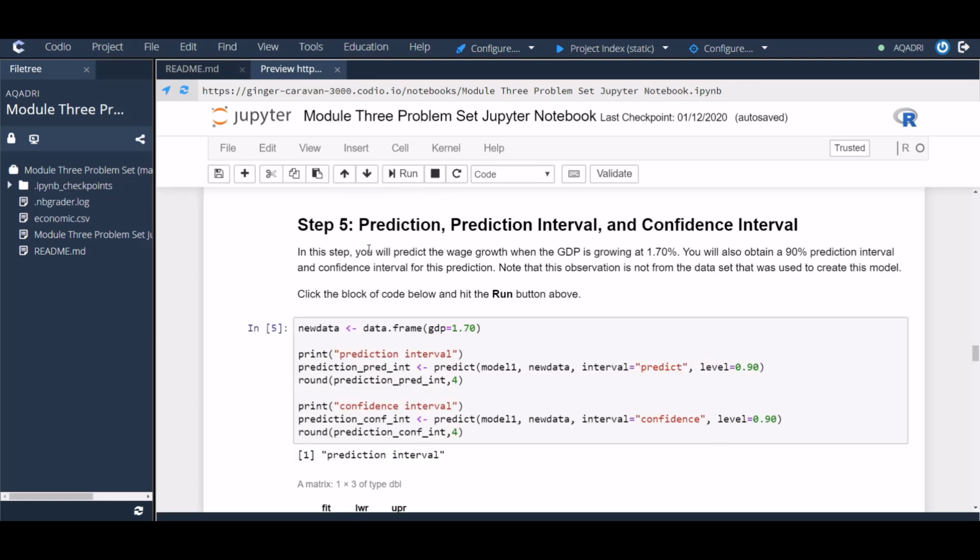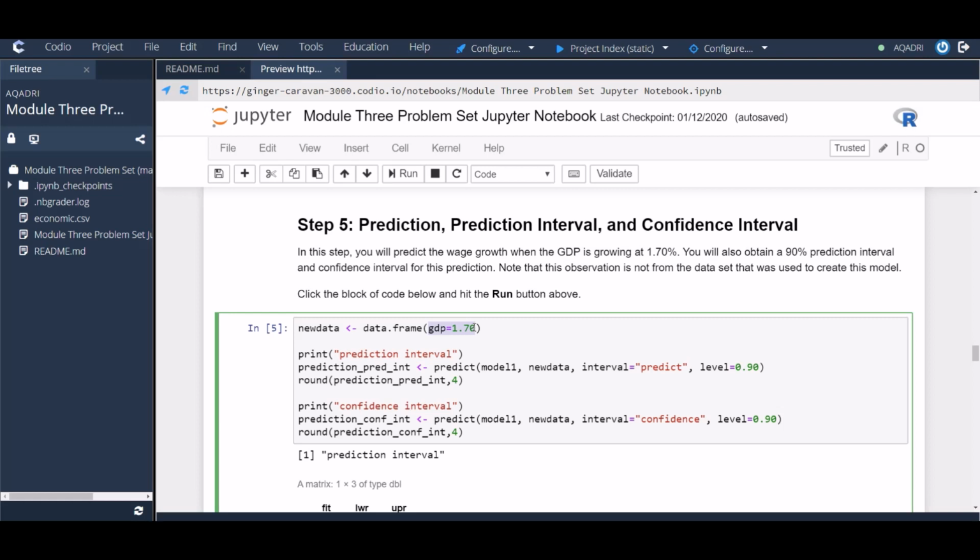So the next step involves making predictions for the response variable, the prediction interval, and getting a confidence interval. This is pretty much the same as the previous week. We create our data frame where the GDP value equals 1.7.